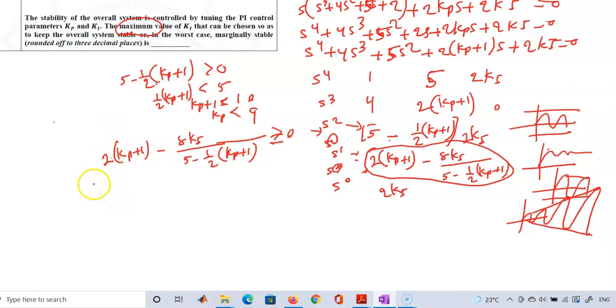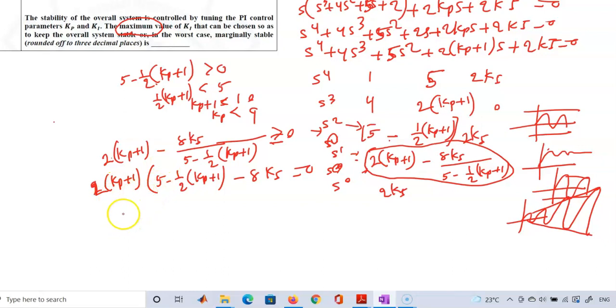So we have 2 into kp plus 1 into 5 minus half kp plus 1 minus 8 ki equal to 0, right?